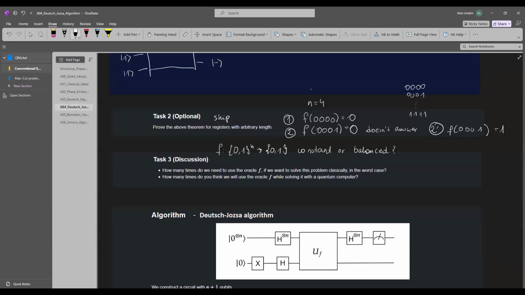So you can think of an easier example, maybe like we did 2 qubits, maybe with 3 qubits. How many times do we need to check it? It will be expressed with n as well. So the worst case.